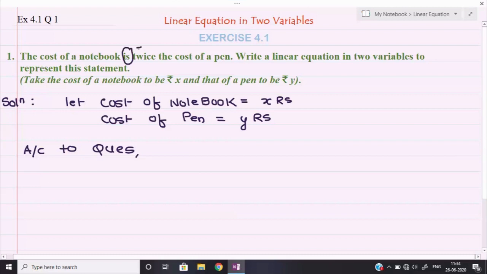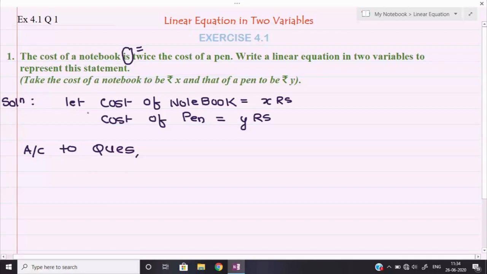It normally creates an equal sign in the equation. Wherever "is" comes in the statement along with the condition, we can take it as an equal sign. Now read the statement once again.